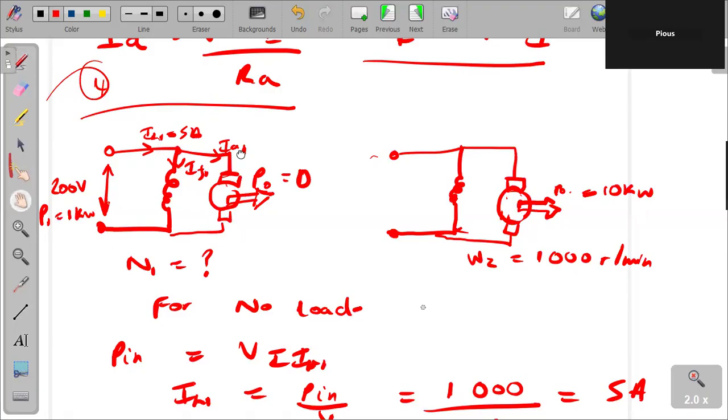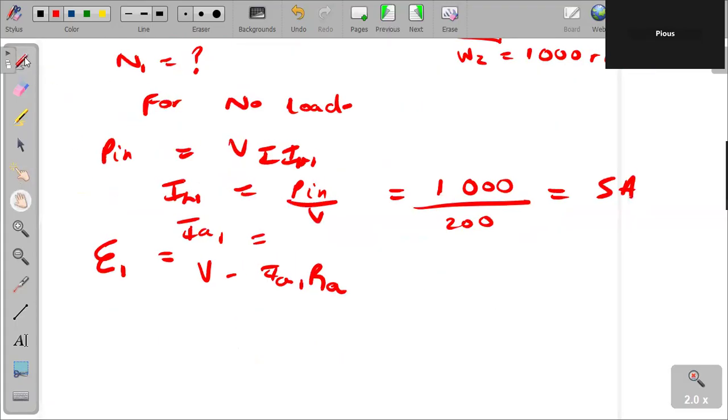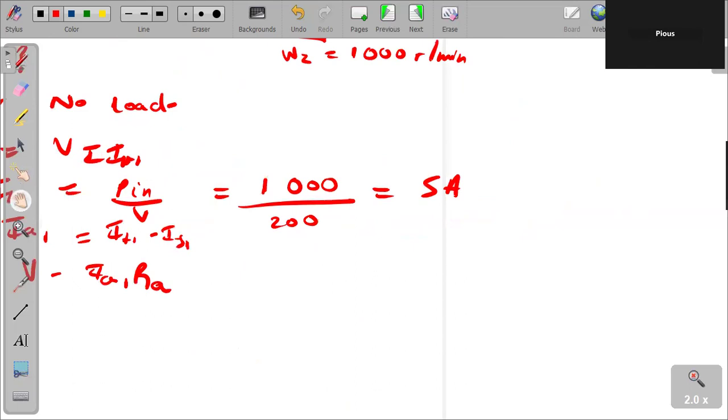So that's kind of straightforward then. It means IA1 is going to be equal to IL1 minus IF1. But do we have IF1, which is our shunt field current? As it stands, we do not have it, but can we find it? We know that IF1 is equal to V over R shunt, the shunt field winding resistance.